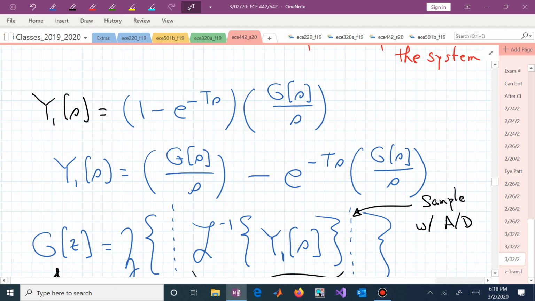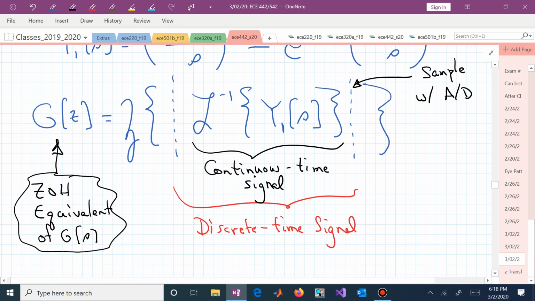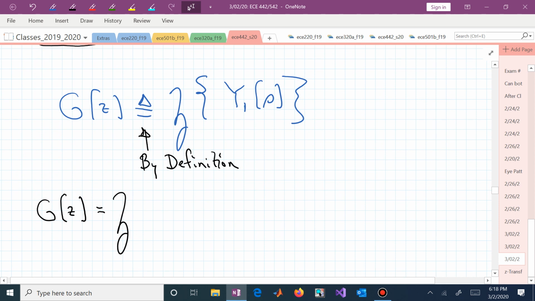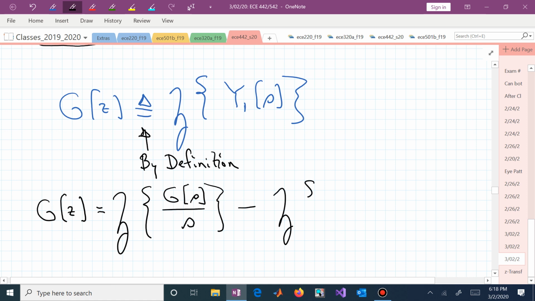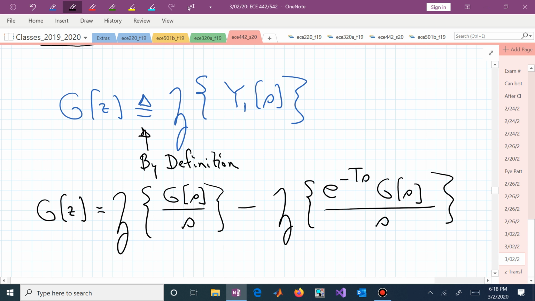Now I simply need to do two Z-transforms, one of G of S over S and one that's been delayed by one sample, e to the minus TS G of S over S. Or G of Z is now the Z-transform of G of S over S minus the Z-transform of e to the minus TS G of S over S.